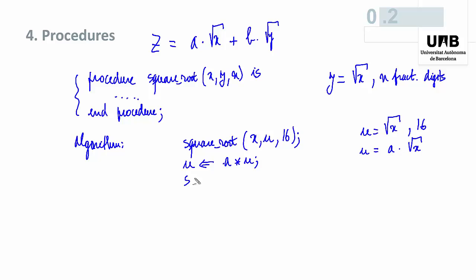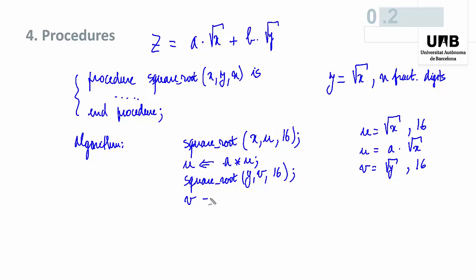After that, we call again the square root procedure, but in this case with other parameters, y, v, and 16, so that v now is equal to the square root of y with 16 fractionary digits.